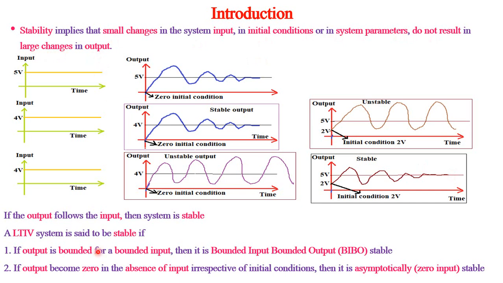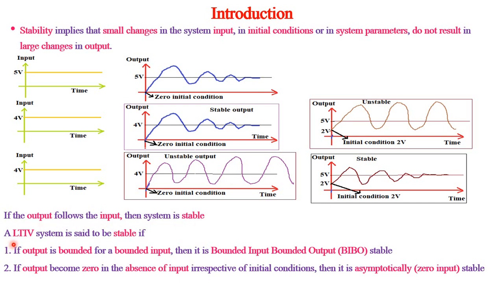Any practical system is always designed for a stable operating region only. Then only it can perform the task for which it is designed. Therefore any control system is designed only in the stable operating region. So in general, if the output follows the input, we say that the system is stable.